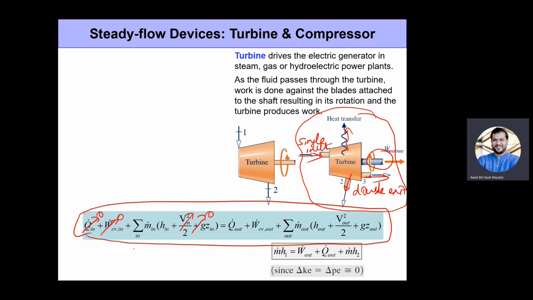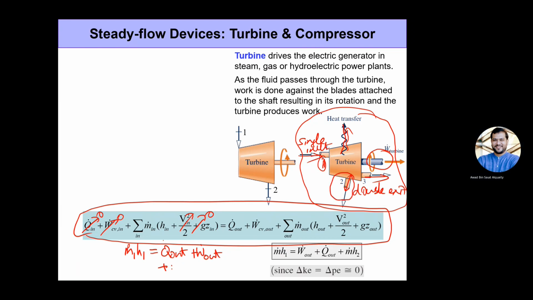So what we are dealing with now is m dot 1 h1, which is the mass flow rate and the enthalpy at state one, which is the inlet. This is equal to a lot of things. This is equal to the heat that is getting transferred to the surroundings, so that's Q dot out, plus of course the work output, W dot out, plus some amount of enthalpy which goes out at state two.